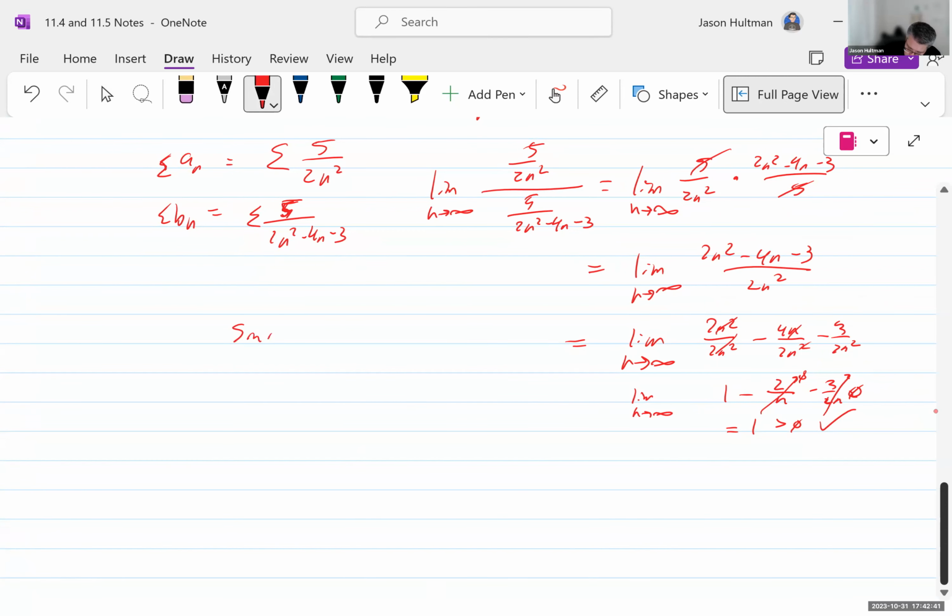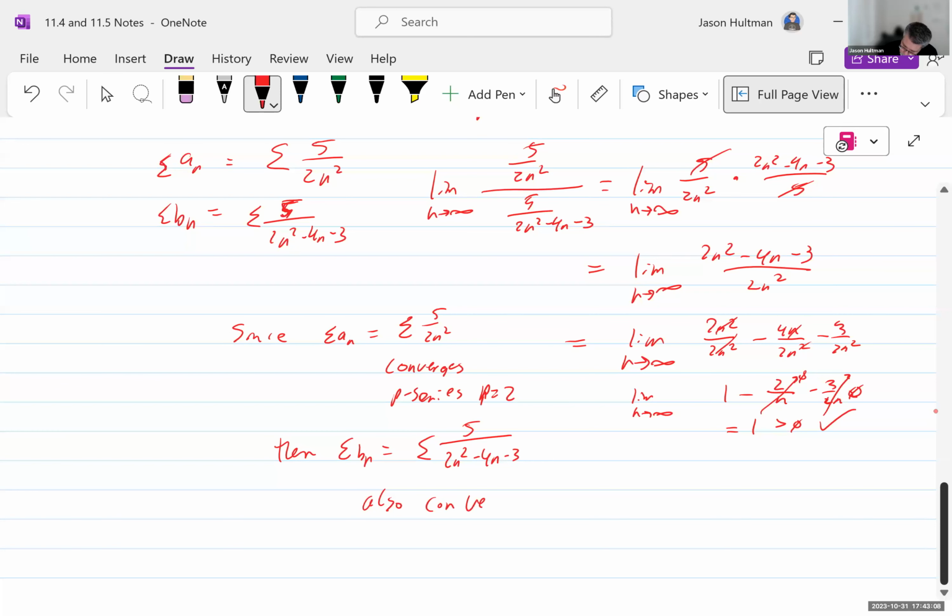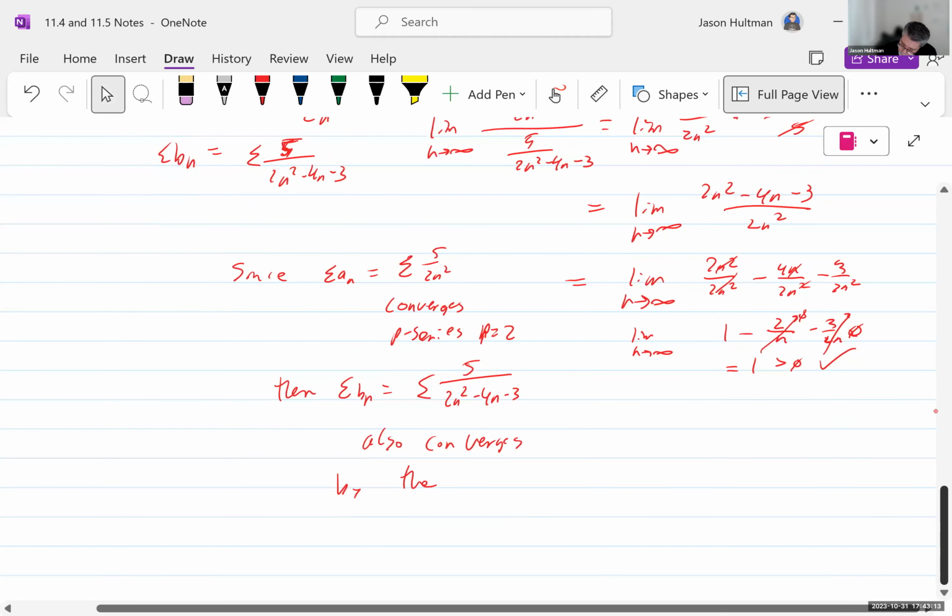Since a sub n equaling 5 over 2n squared converges because it's a p series, p equal to 2, then b sub n equaling 5 over 2n squared minus 4n minus 3 also converges by the limit comparison test.